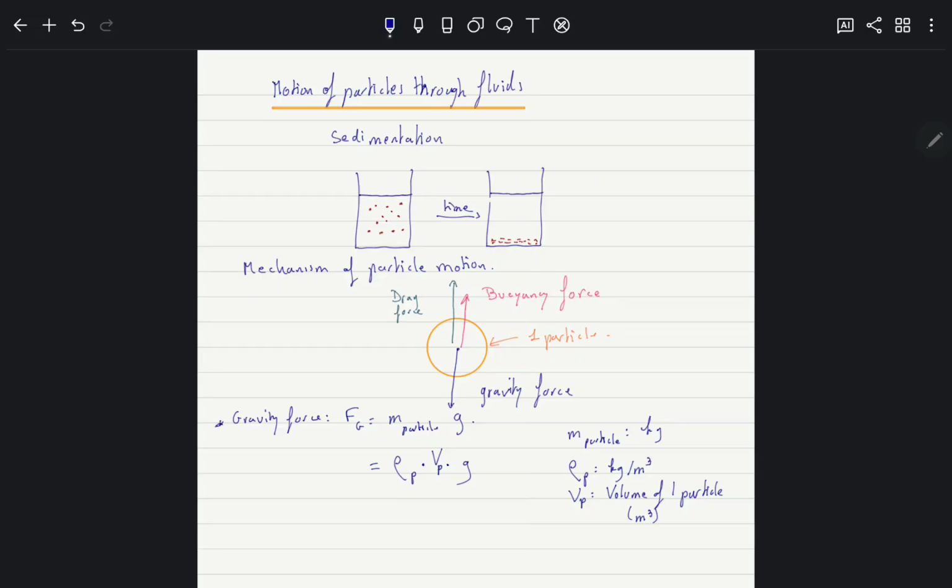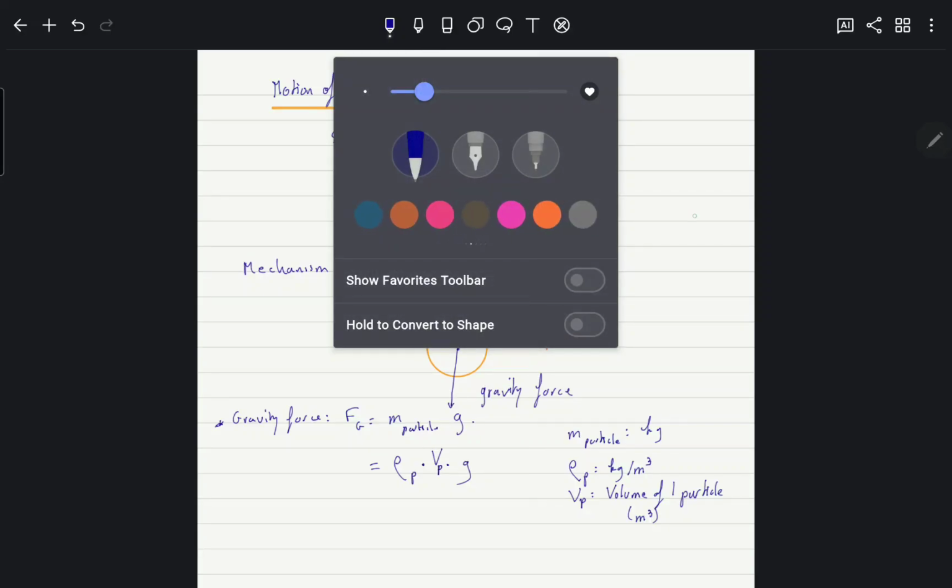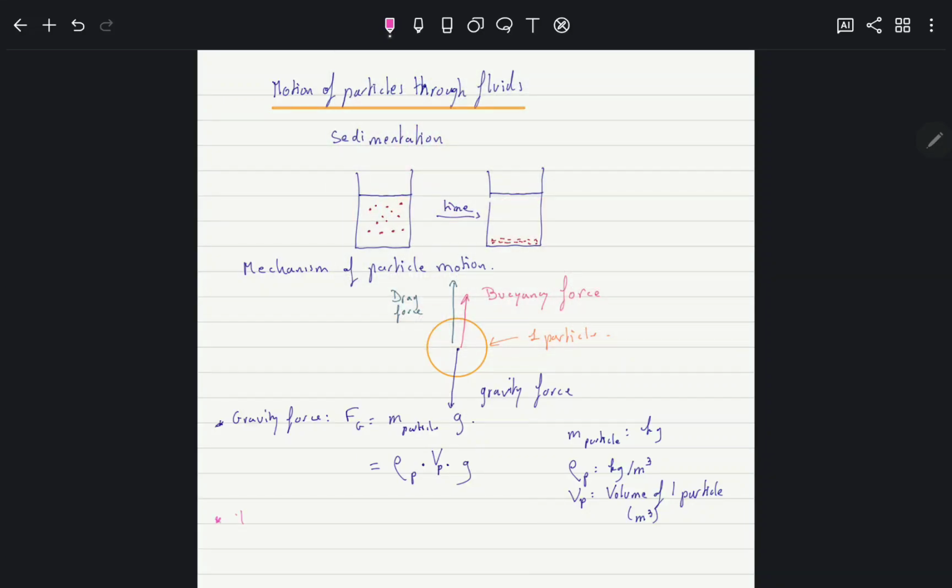So we've expressed our gravity force. What we want to do next is express our buoyancy force, which we'll call Fb. It is expressed in a similar way, except that we're not going to use the density of the particle, but the density of the fluid, since that force tells you that an equal volume, an equal mass of fluid is going to be displaced.